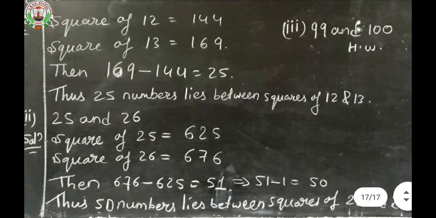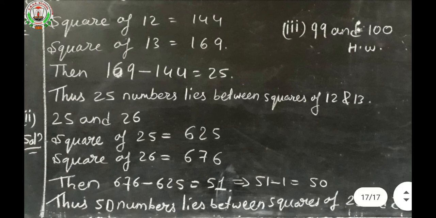So the first step is the square of 25, which will be 625. Square of 25 means you multiply 25 by 25, which equals 625. Then the square of 26, 26 into 26, how much will it become? It will become 676.